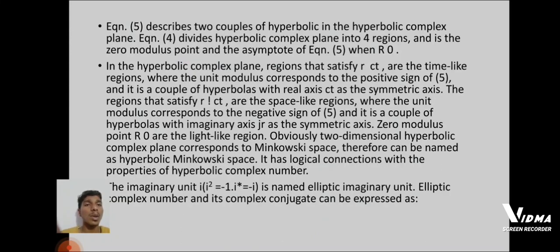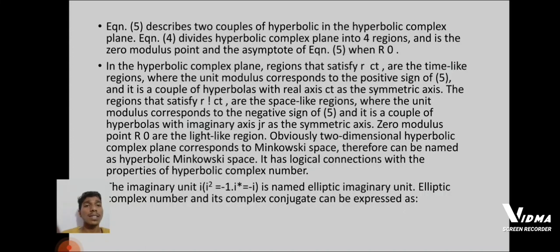In the hyperbolic complex plane, the regions that satisfy r less than ct are the time-like regions, where the unit modulus corresponds to the positive sign, and it is a couple of hyperbolas with the real axis ct as the symmetry axis.